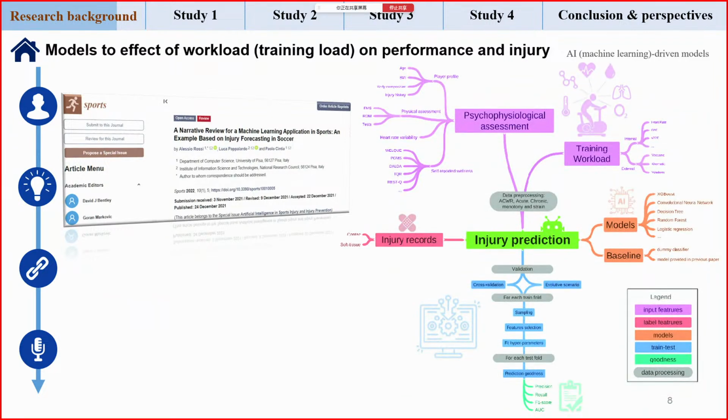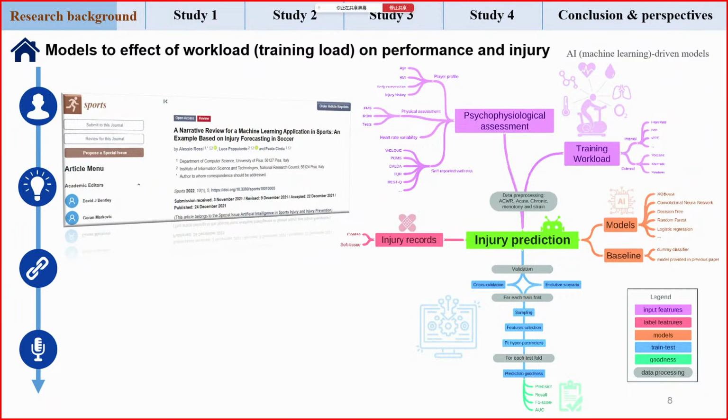a study used machine learning to construct a training load and injury risk analysis framework. This framework consists of several functional areas. The pink area serves as the input variables, and they are psychophysiological assessment and training workload. And the red area is used to label the injury records.